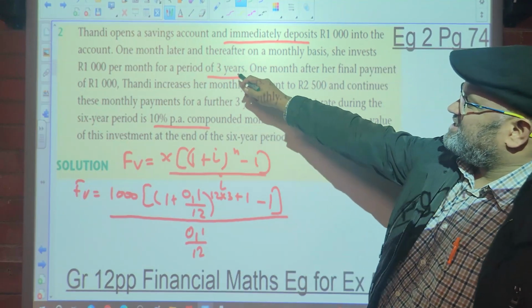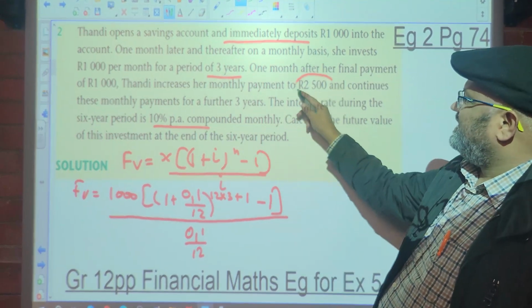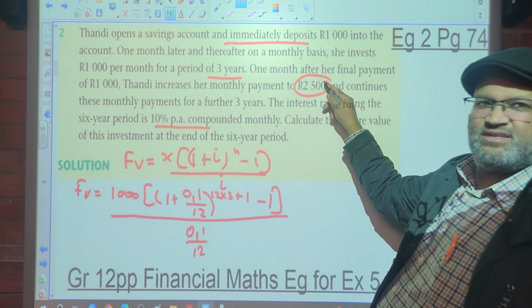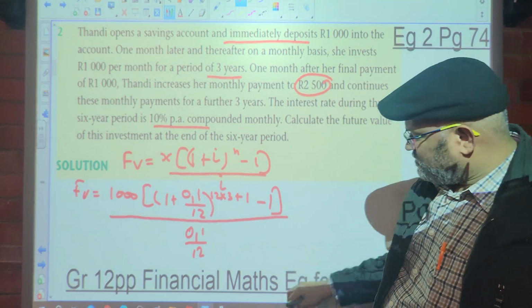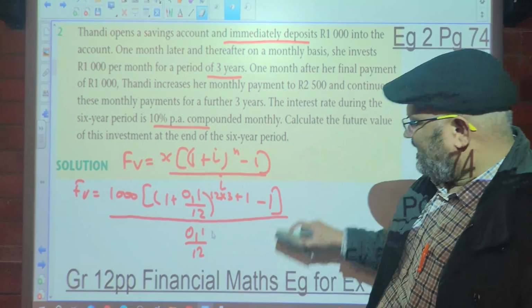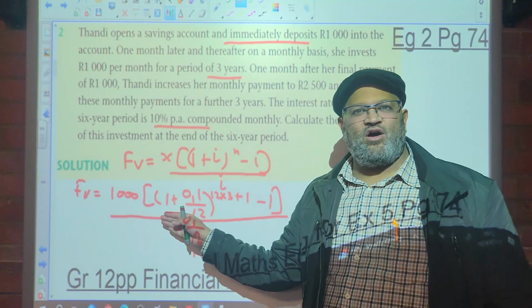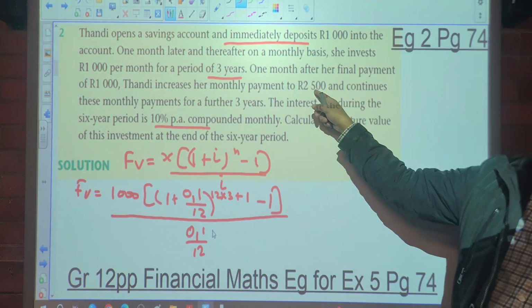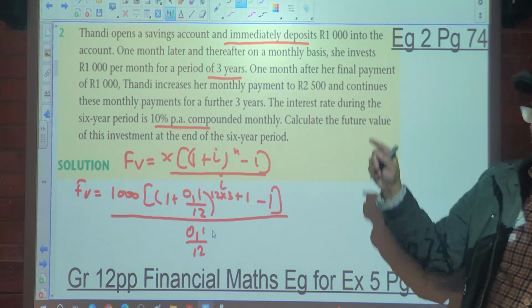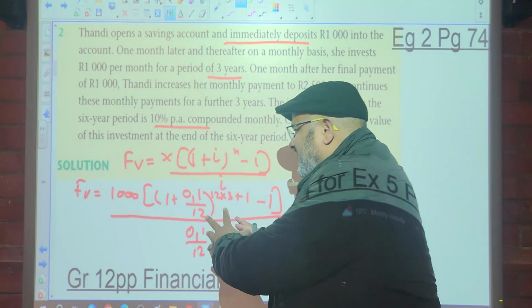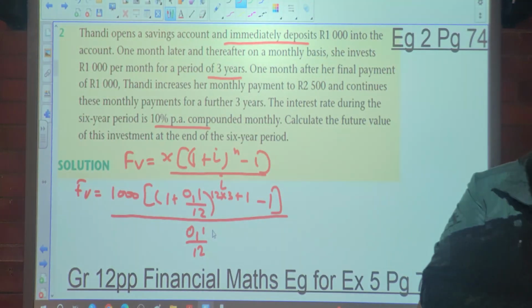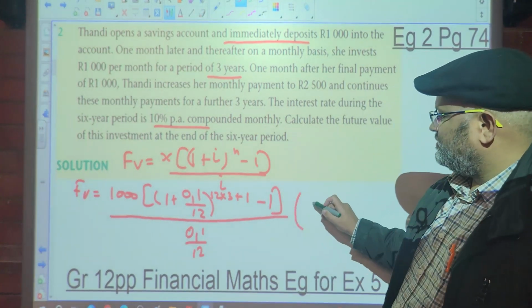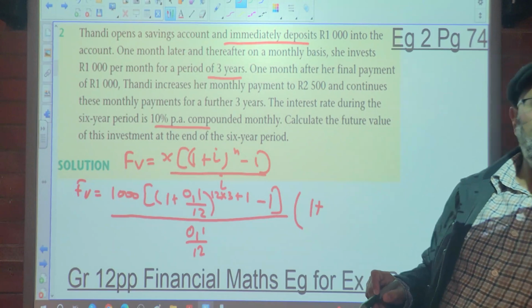So after these 3 years, something else happens. That changes. Can you see that, people? Which means to say, this no longer conforms to what's happening in that part of the sum. Not so? So what we do is, the amount lying in the account that we saved for 3 years, we now use compound interest on it.